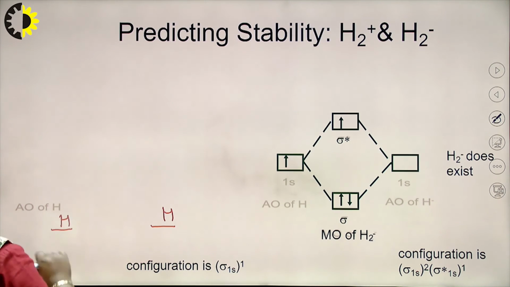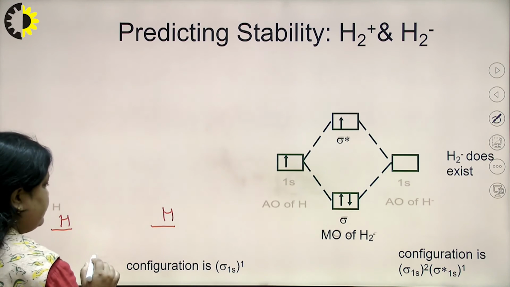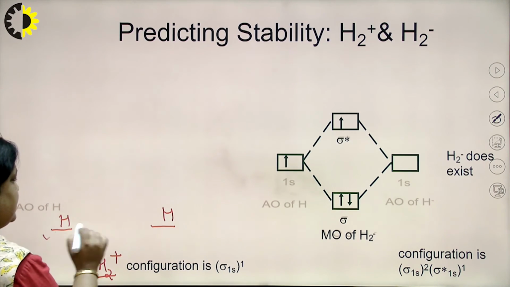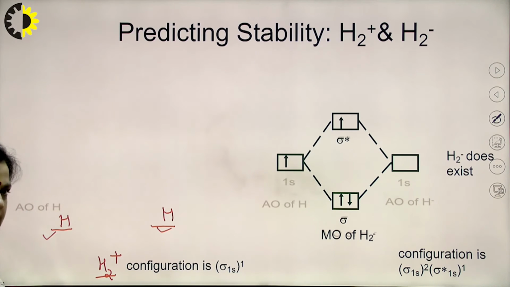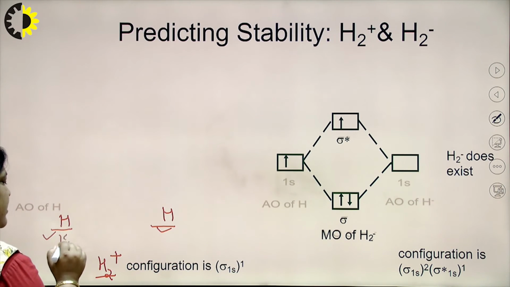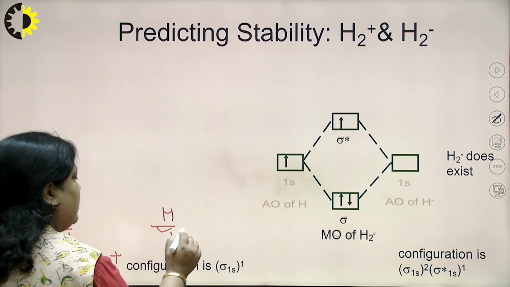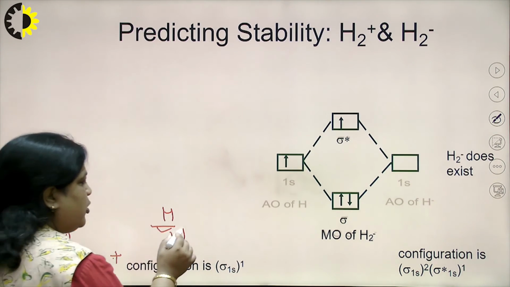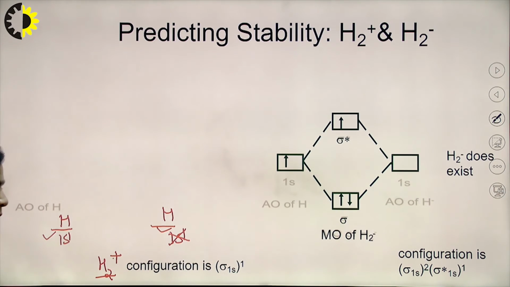So, here we have to draw the configuration of H2 plus, so there are two hydrogen atoms, one is this and one is this. H has one electron, so we can say 1s1 and 1s1. But H2 plus means one electron is removed, suppose this.